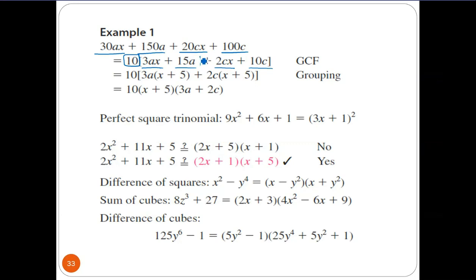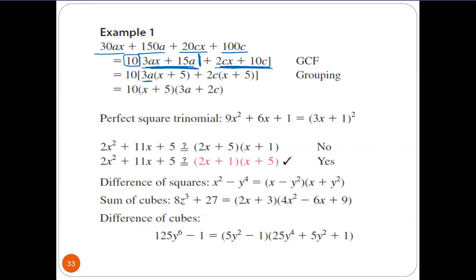Look at this. We can divide this into two groups, the first group like this, and the second like this. From the first group, we can take the common factor. Yes, we have 3 and a. We cannot take x because the second term doesn't have x, so we can take 3 and a as common factor, so 3a.